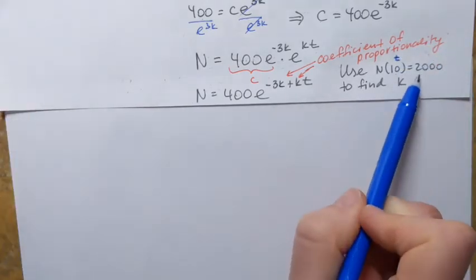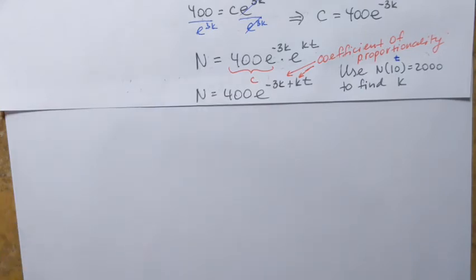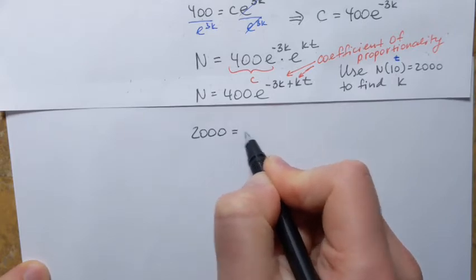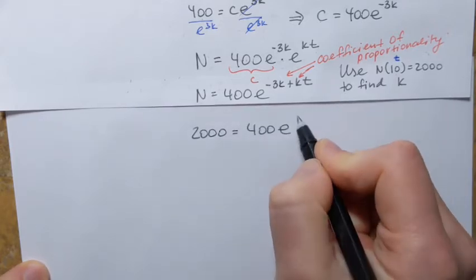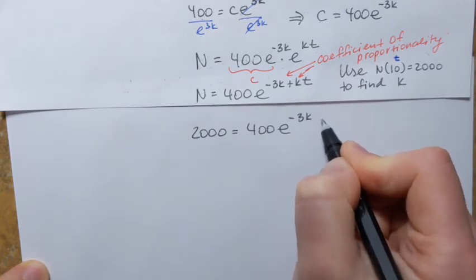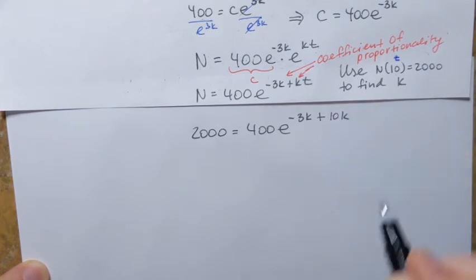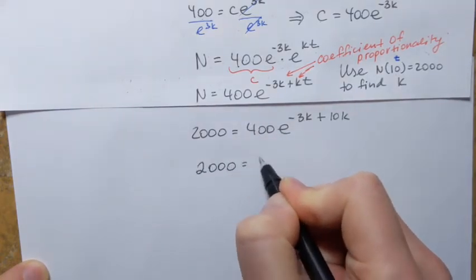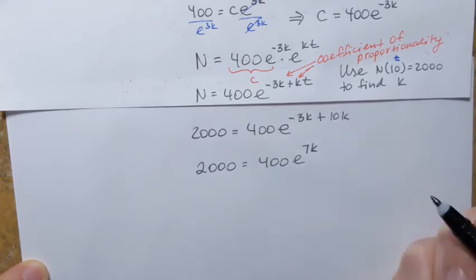And then 2000 for the corresponding function value, so that's N. So that's the equation I'll end up with. 2000 equals 400 e to the power negative 3k plus, now t is 10, plus 10k. Of course, that power can be simplified. It's 2000 equals 400 e to the power 7k.